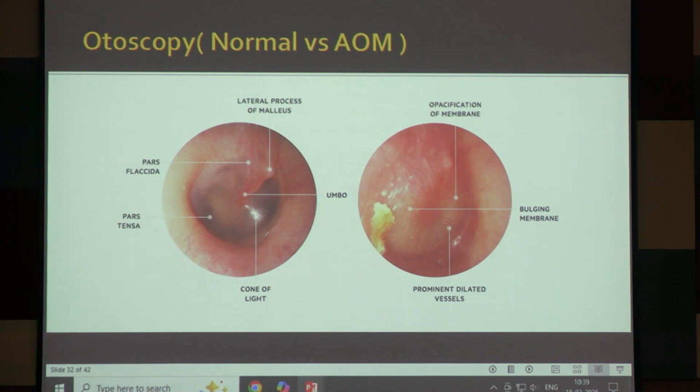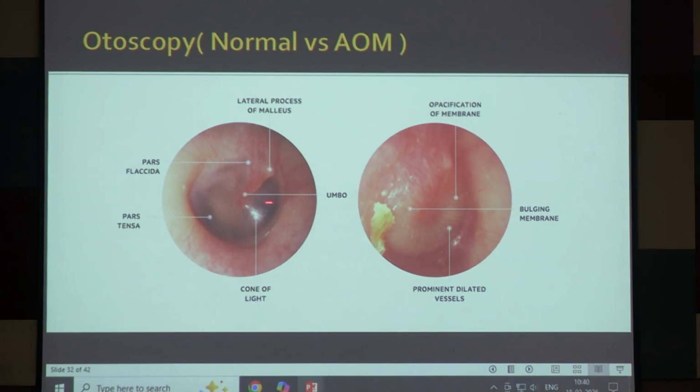So, otoscopy is very essential, or mandatory, for diagnosing acute otitis media. That is the normal otoscopic finding, and here you can see bulging of the membrane, bulging and opacification.